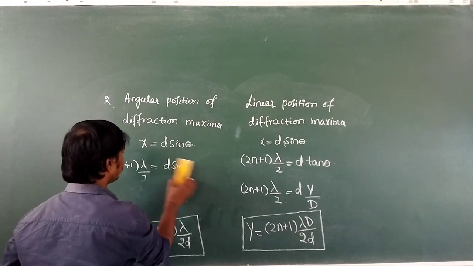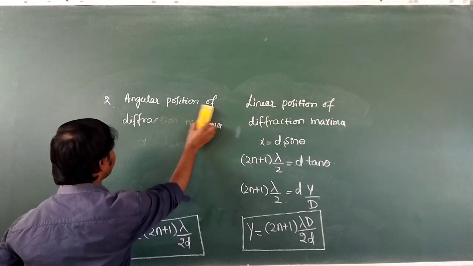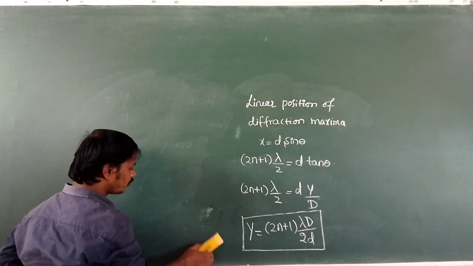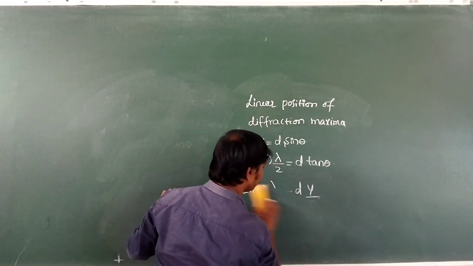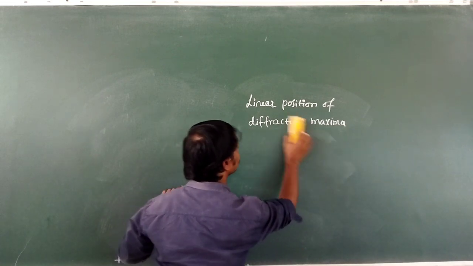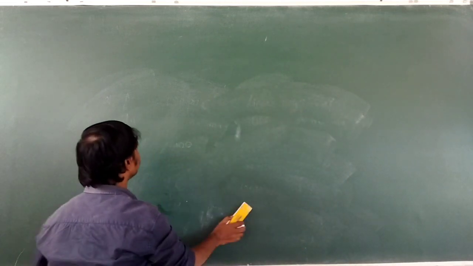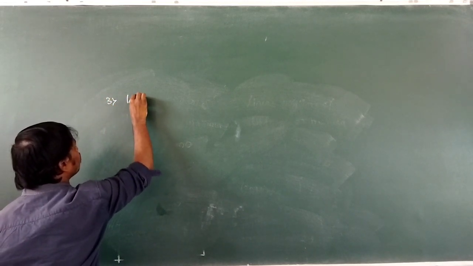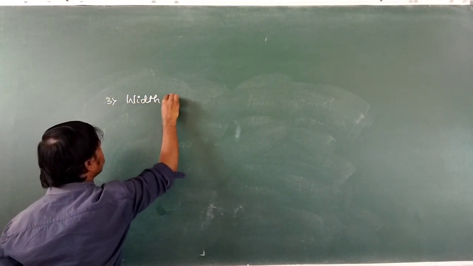Now let us find the width of the central maximum. What is the formula used to find the width of the central maximum? Third one, width of the central maximum.